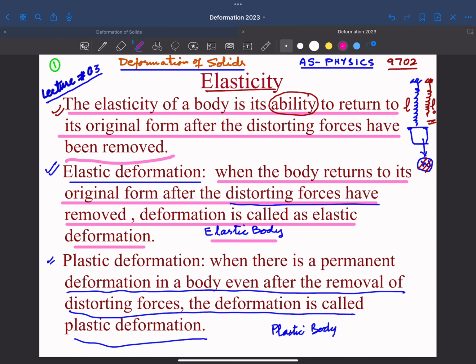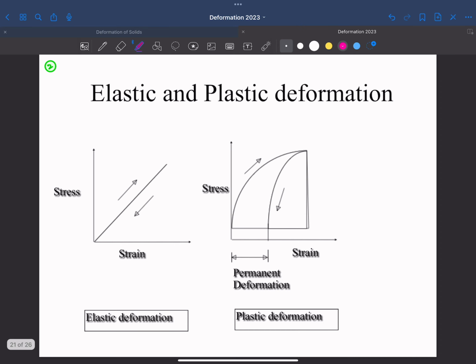When there is a permanent deformation in a body even after the removal of the distorting forces, the deformation is called plastic deformation, and the body is termed a plastic body. So this is very, very important: how we can define plastic or elastic deformation and what is the elasticity of a body. Then here you can see both these behaviors, elastic and plastic deformations, through these two graphs.